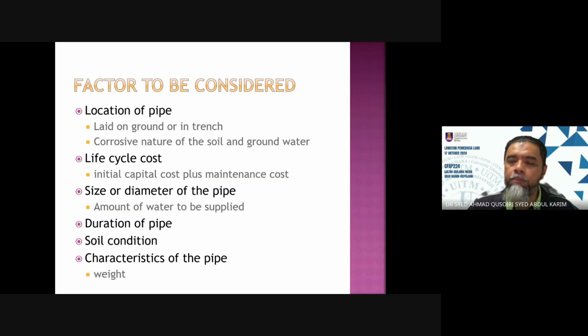Usually when the pipe reaches 30 years or 40 years, it needs to be replaced. That is when the old pipe starts to have a lot of leakage, and we have a lot of NRWs, non-revenue water.